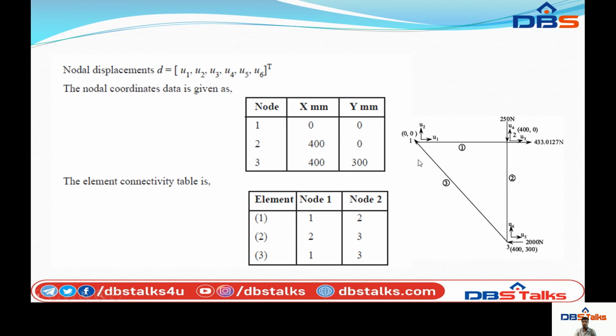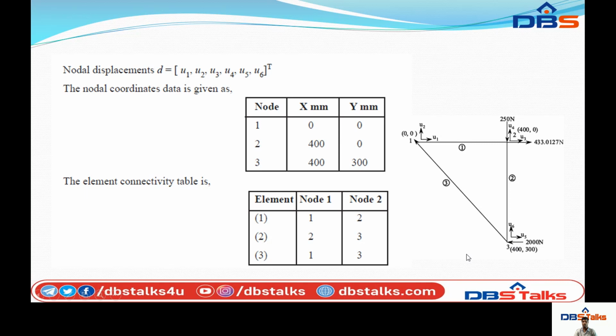For element 1, the nodes are 1 and 2. Element 2, the nodes are 2 and 3. In this way, I'm making the element connectivity table: element 1 connects 1 to 2. Element 2 connects 2 and 3.